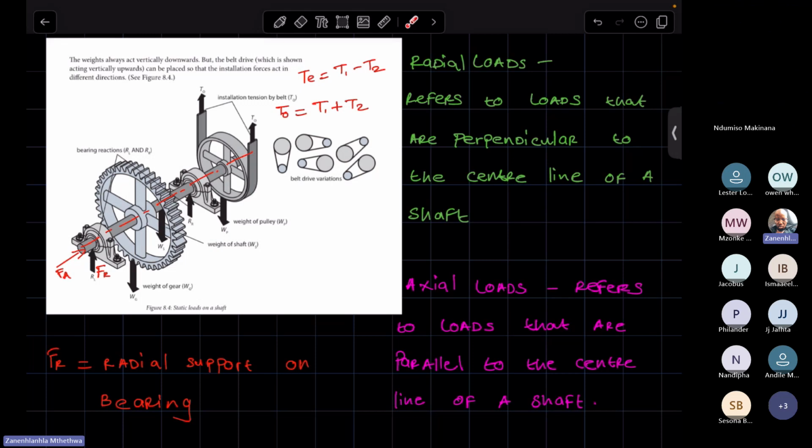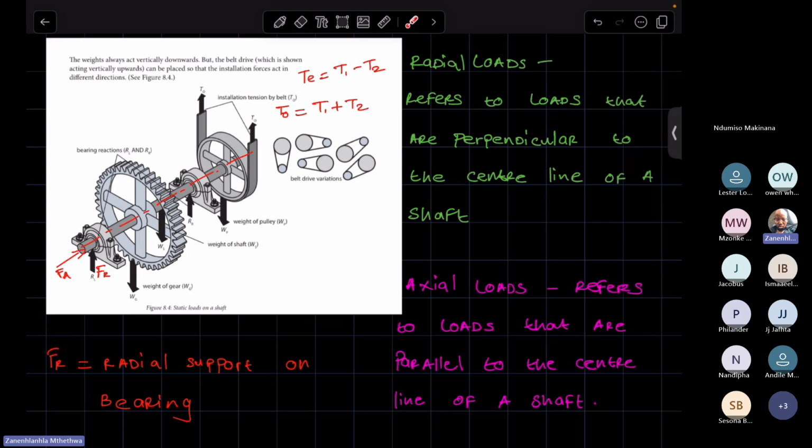As you know, regarding forces, force is a vector quantity, right? So with vector quantities, we consider both magnitude and direction. So this here, it will depend on the direction of the belts. If the belts are pointing upwards, then you take the installation tension as being positive, essentially, because it will be pointing upwards, and forces going up you take as being positive.